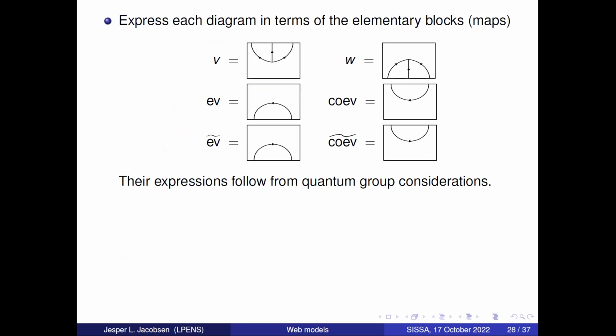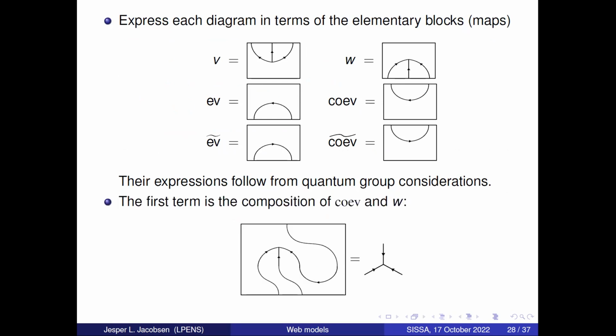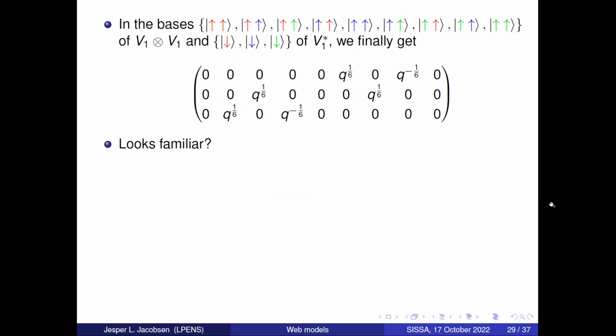At this point, you need to have a book on quantum groups, because in quantum groups there are some maps going from empty to anti-symmetrize on three sides, and there is some evaluation and co-evaluation. And you need to figure out first that the diagram that we are interested in is a composition of these maps, and then you have to look up how to construct them.